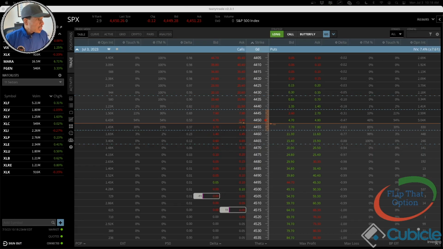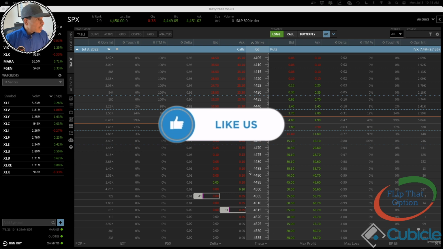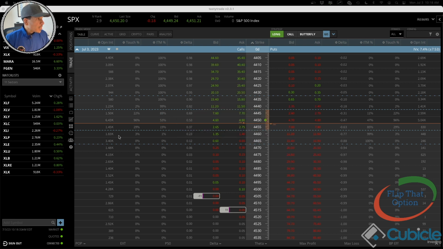And the other thing I like to look at, and I think I mentioned this in previous videos if you've been following me for some time, is the 11 sectors that make up the S&P 500. And of course, the SPX is the index that tracks the S&P 500.